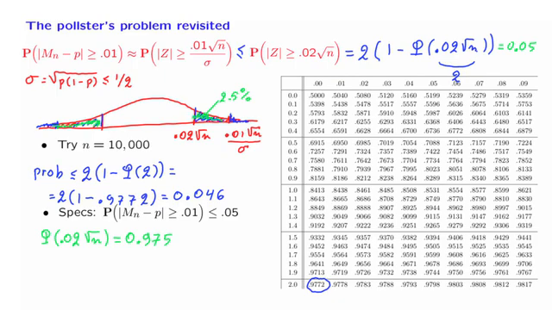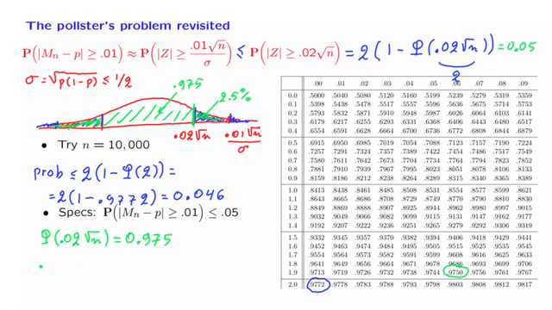This means that the probability of whatever is to the left of this number should be 0.975, including the tail. This means, again, that we have to look at the standard normal table and ask what's the value for which the CDF is equal to 0.975. So we look around and we find 0.975 to be here, and it corresponds to 1.96.